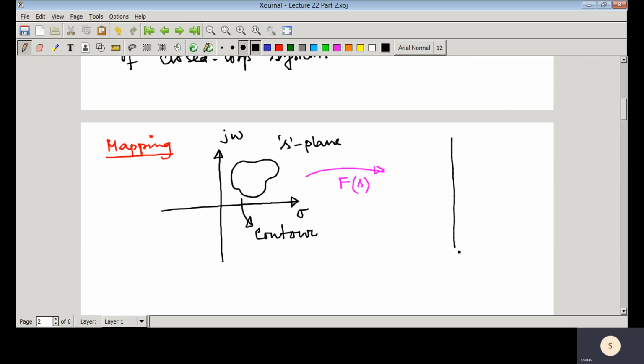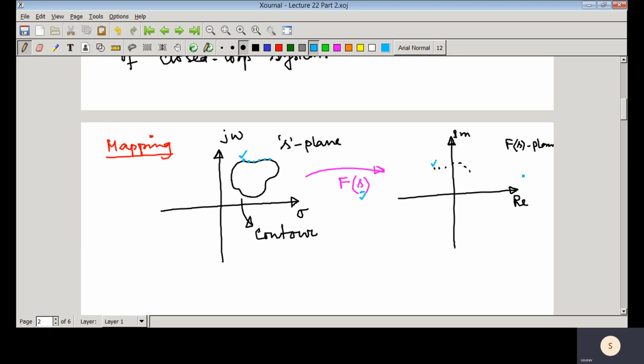The F(s) plane means we take the real and imaginary parts of F(s). Mapping this contour means we take all the points on it and substitute them for s, and we will get one value in this plane. So if we take a point on the contour, put it in the function, we'll get a value here.